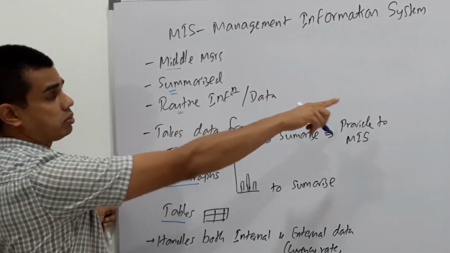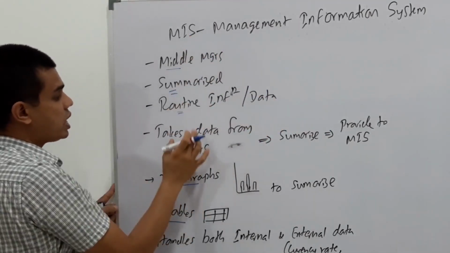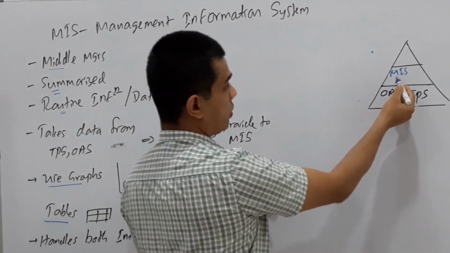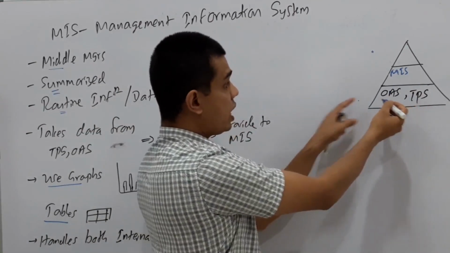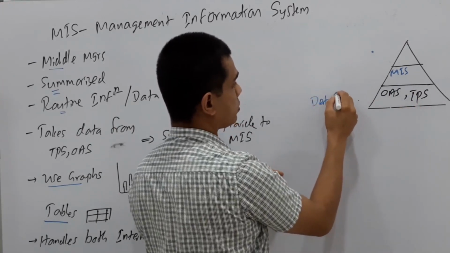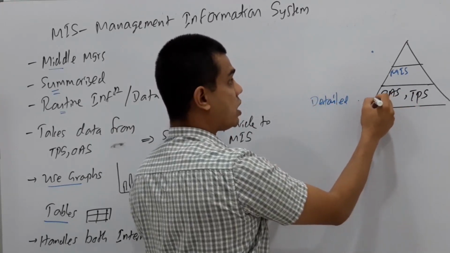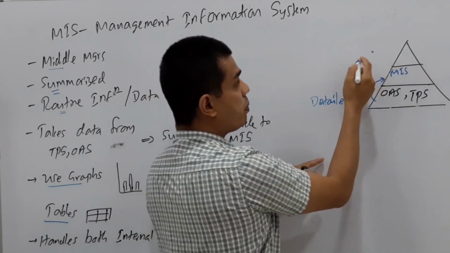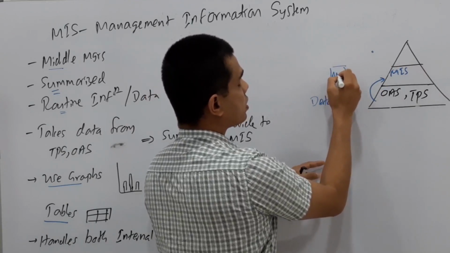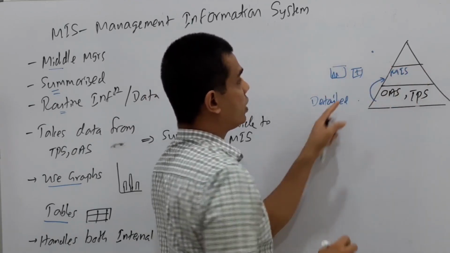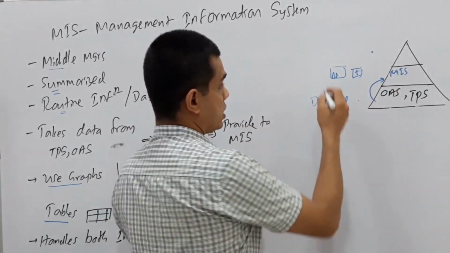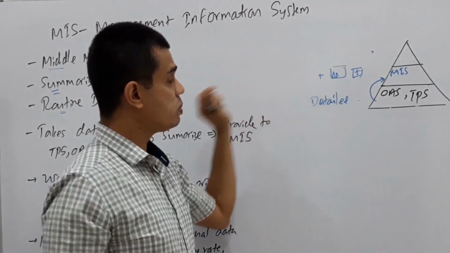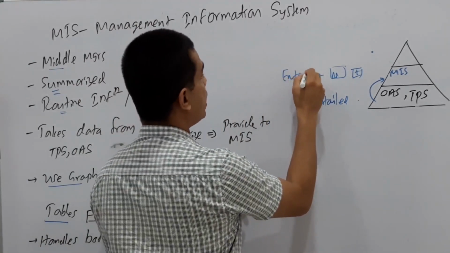Most probably, what the MIS do is they take data from TPS and OAS, office automation systems. TPS have detailed information. They are summarized and taken by the MIS, and prepared in the form of graphs, sometimes tables, for the benefit of the middle managers. And since the middle managers are more powerful than the operational managers, the middle managers may handle some external data as well.